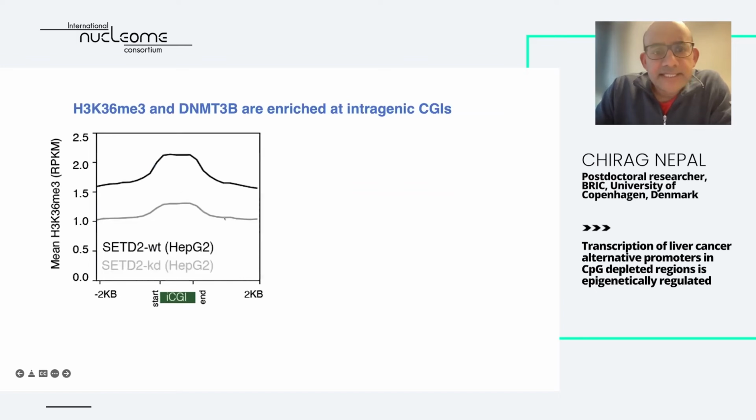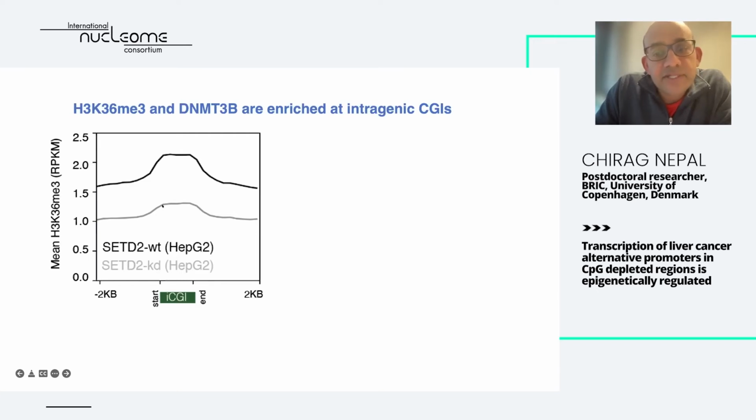So what we did is we looked into the internal CpG island, the intragenic CpG island. What we found is that compared to the flanking region, histone H3K36 has high affinity in the CpG island region compared to the CG poor region. Even in a knockdown, it still retains higher levels than the other.